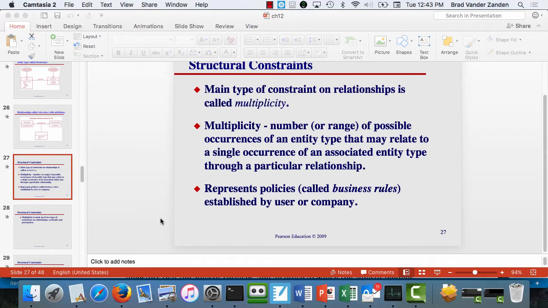So the agenda for today is to finish up talking about some of the notation associated with entity relationship modeling, and then go through a case study to show you how you might set up an entity relationship diagram when you don't get to look at the relations.